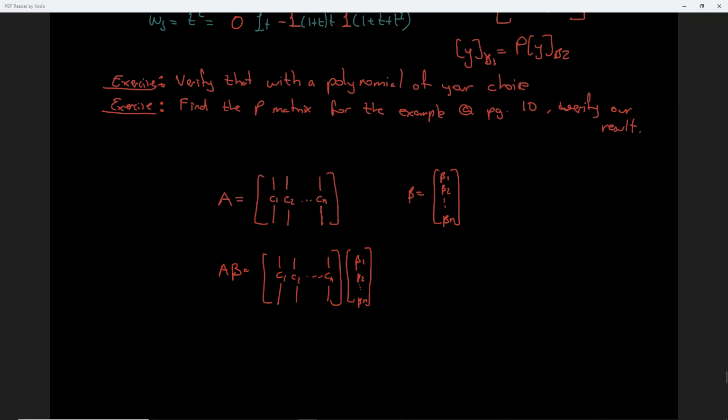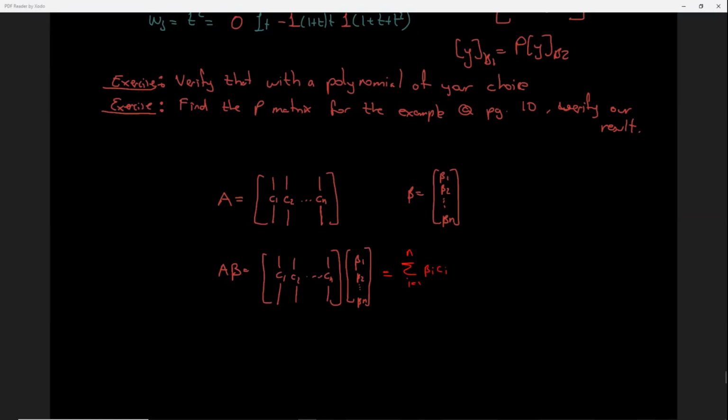So the result is going to be an m by 1 vector, and that is simply equal to the summation i from 1 to n of beta i ci.